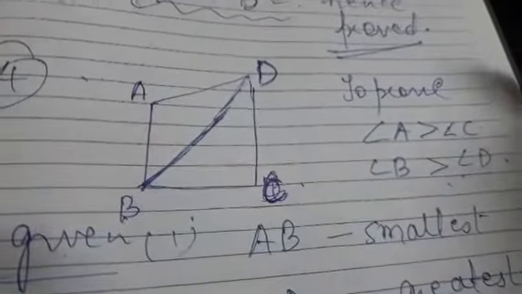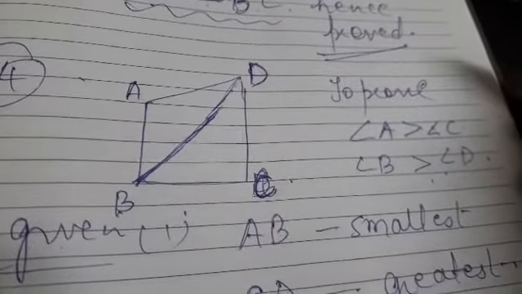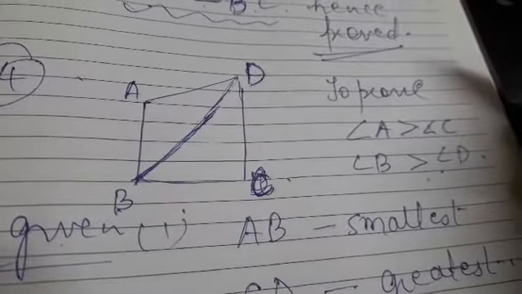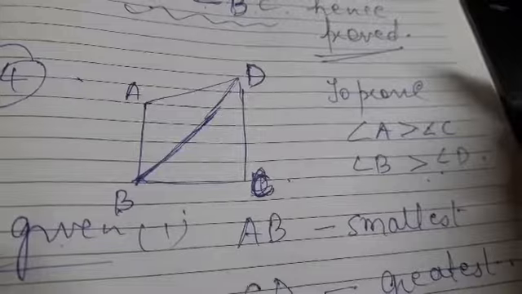Suppose I join B to D. Now, if I number the angles, I think that will be easy.